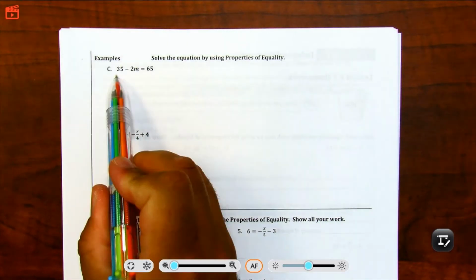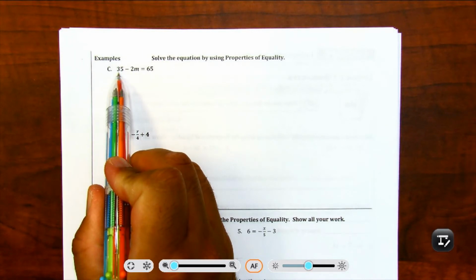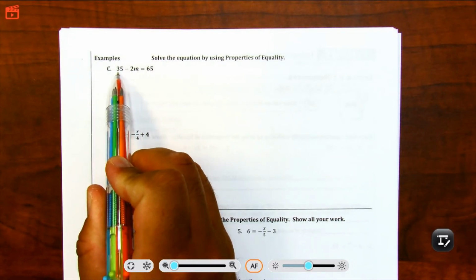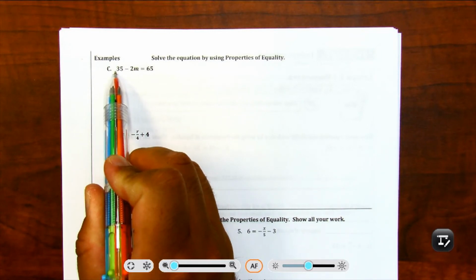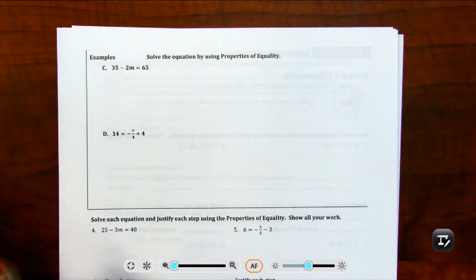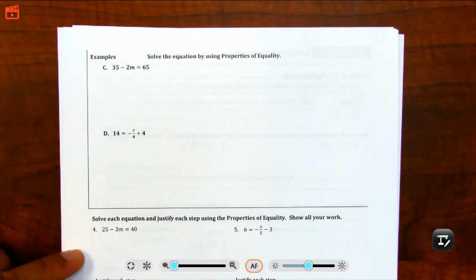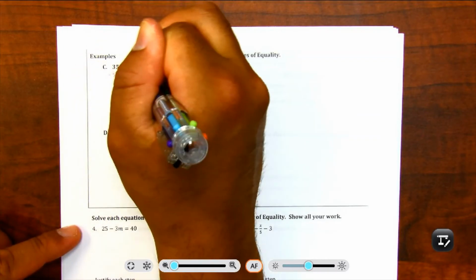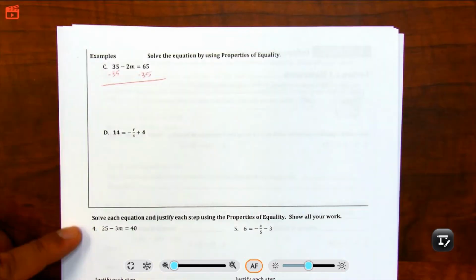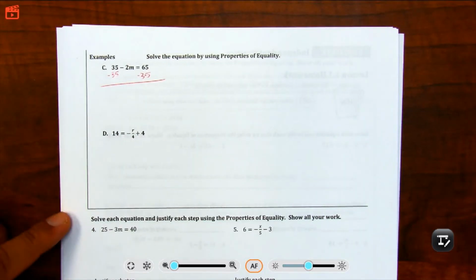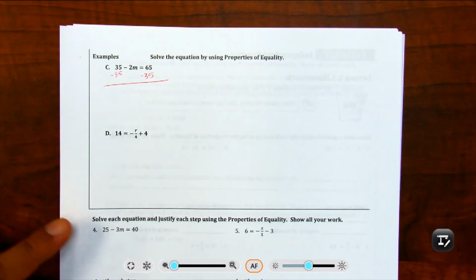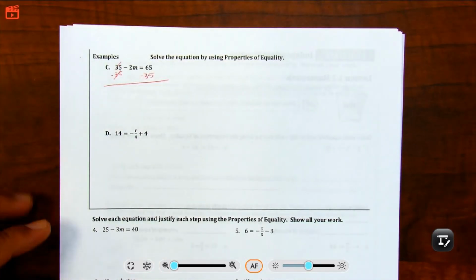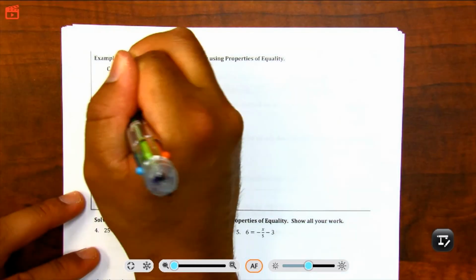This is positive 35, even though you don't see a plus sign, you say it's positive because there's no negative sign. To move a positive 35 to the other side, we have to subtract 35 from both sides. These are going to cancel out. 65 minus 35 is 30, so you're left with negative 2m is equal to 30.